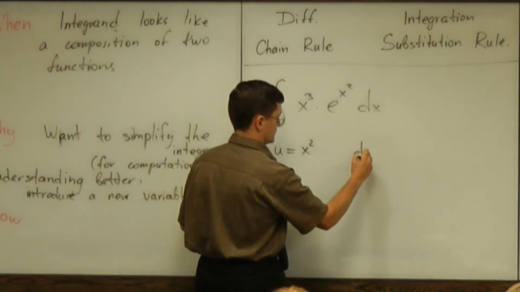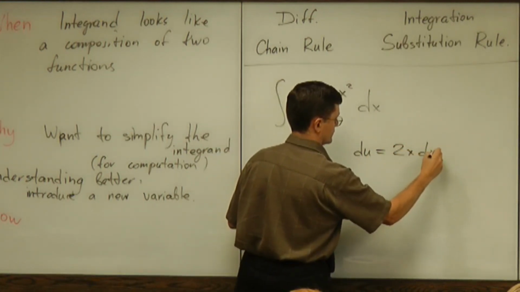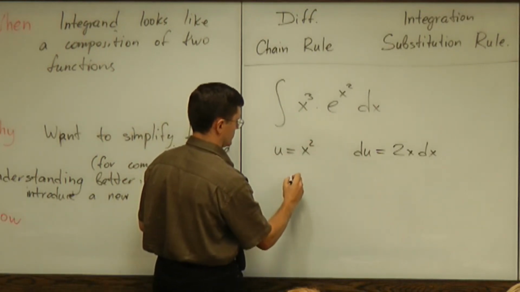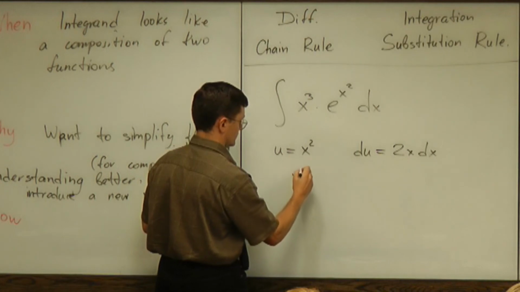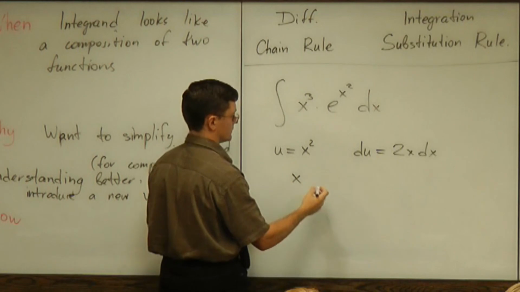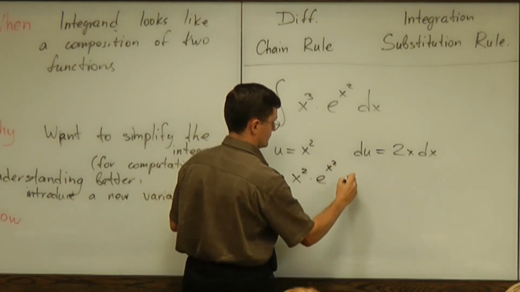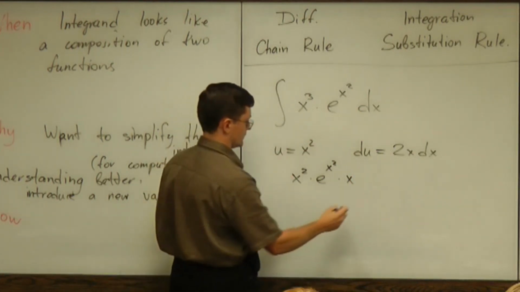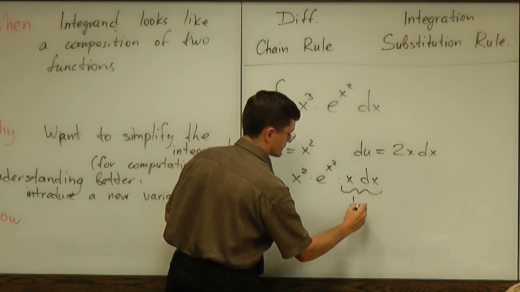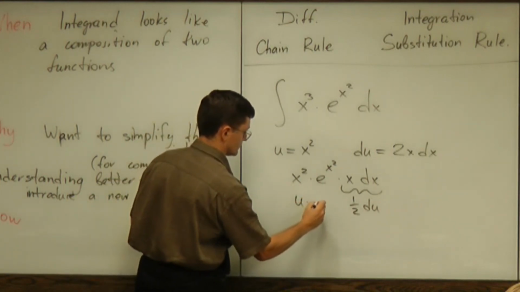Then you go ahead with the computation of du, which is 2x dx, and you try to write down the integrand separating the x dx part. You can take one x out of there and see that x dx is exactly a half of du, and the remaining part is a function of u, so it is u times e to the power u.